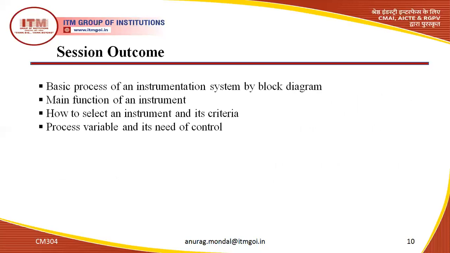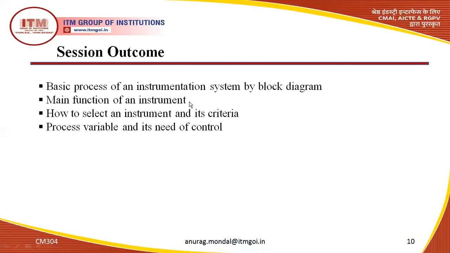First, primary sensing element, then variable conversion element, then variable manipulation element, then the data transmission element, and at the end the data controlling element. Then we discussed the functions of an instrument.